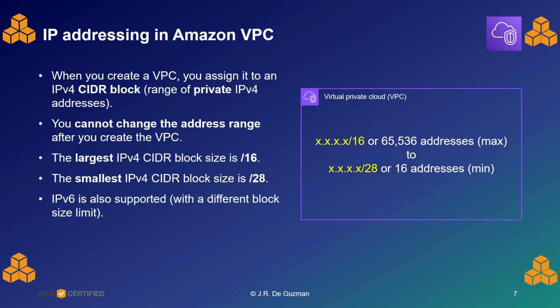You can optionally associate an IPv6 CIDR block with your VPC, and subnets assign IPv6 addresses from that block to the resources in your VPC. IPv6 CIDR blocks have a different block size limit, so there are differences between IPv4 and IPv6.